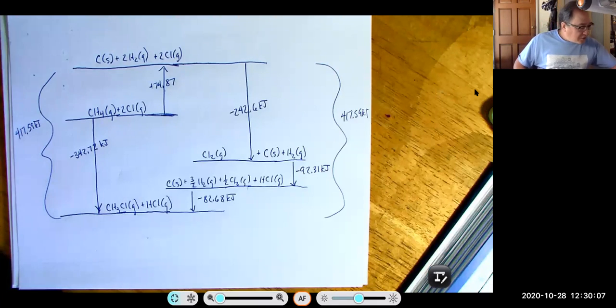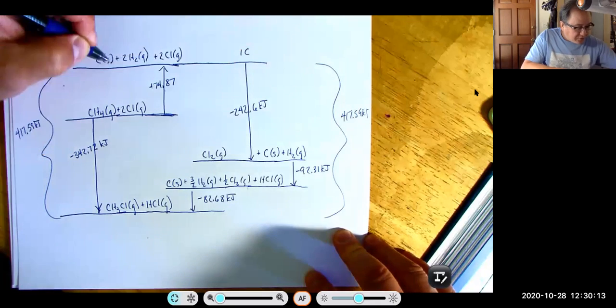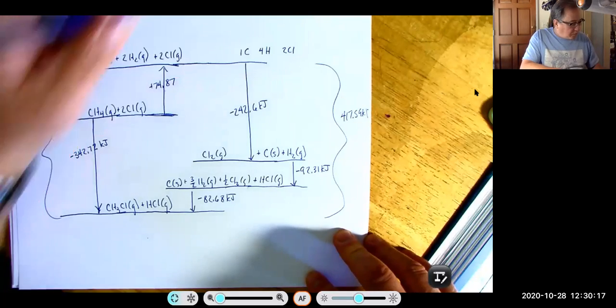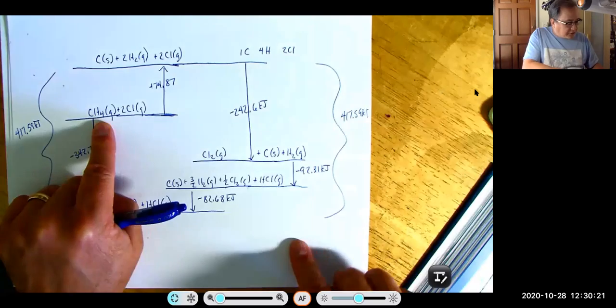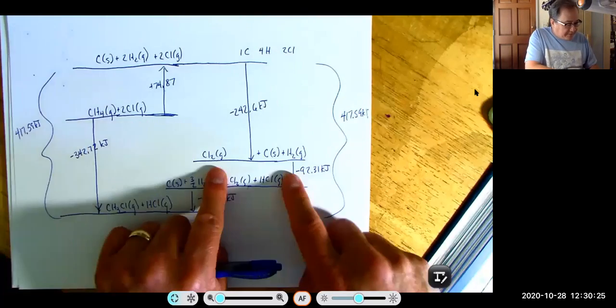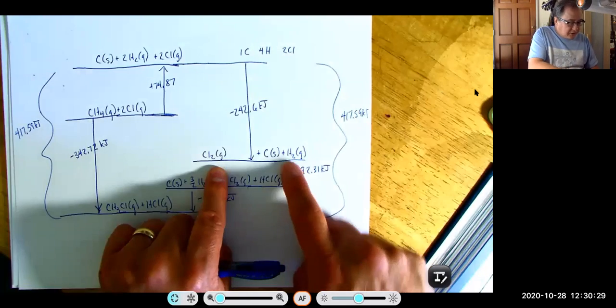When we take a look at each one of these lines, let's take a look at what we have here. Carbons, we've got 1. Hydrogens, we've got 4. Chlorines, we've got 2. What do we have here for carbons? 1. How many hydrogens? 4. How many chlorines? 2. Look at this line. How many carbons? 1. How many hydrogens?